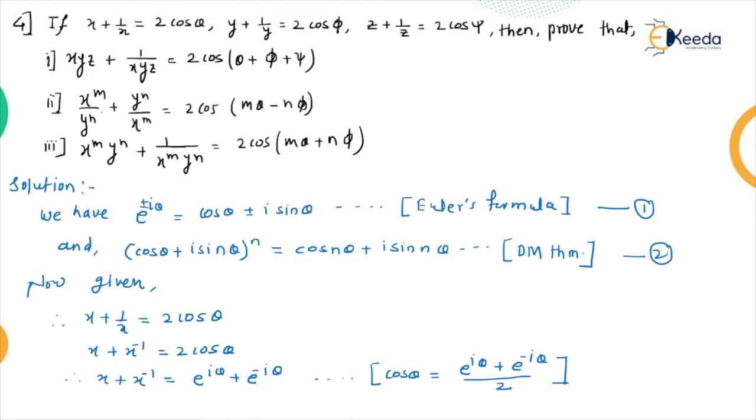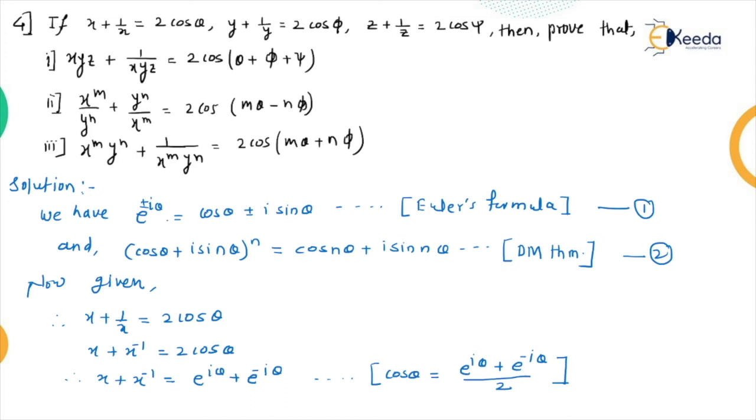Second, x raised to m upon y raised to n plus y raised to n upon x raised to m is equal to 2 cos of m theta minus n phi. Third, x raised to m y raised to n plus 1 upon x raised to m y raised to n is equal to 2 cos of m theta plus n phi. We have to find the solution, meaning we have to prove all these three.